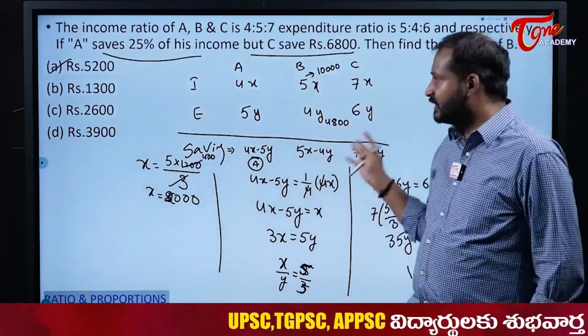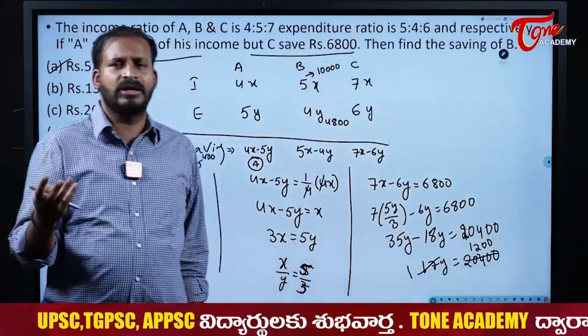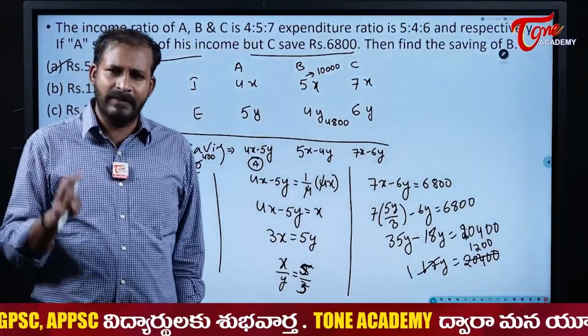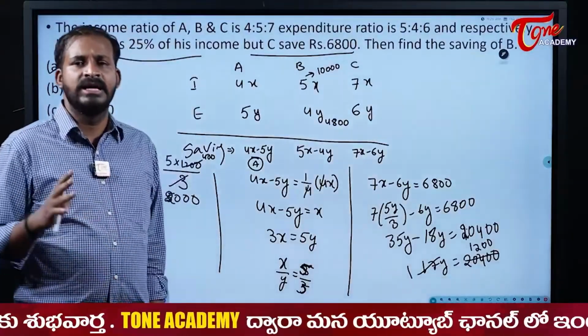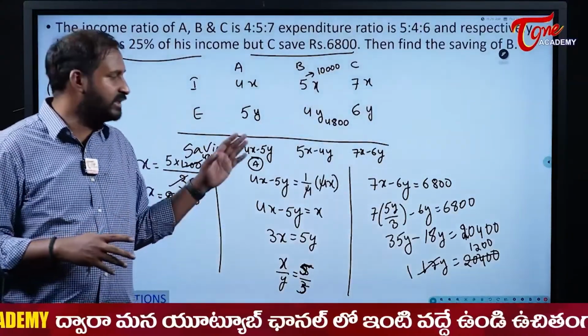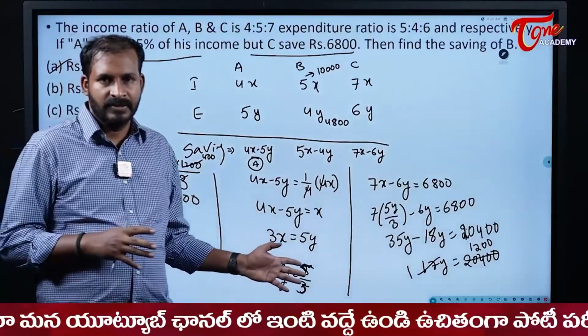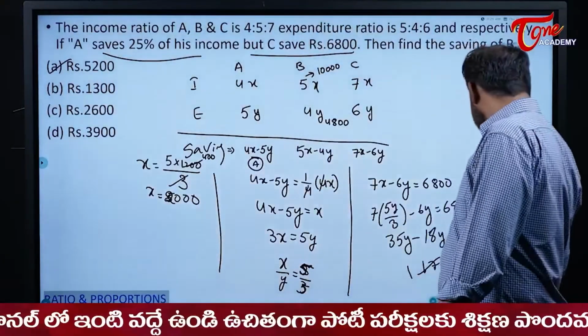Whenever you see these type of questions, the chances to apply that shortcut is very, very difficult. You can apply, but you need to think a lot of things. Instead of that, if you go with the basics, that becomes easy. The calculation may look lengthy, but actually this is the best method for this type of questions. Understood? Next, we will see the next one.